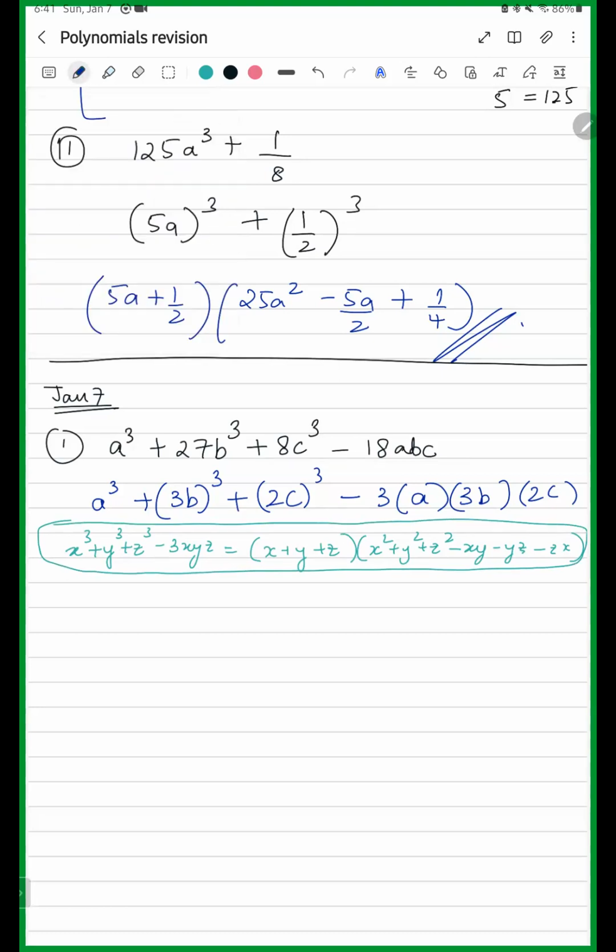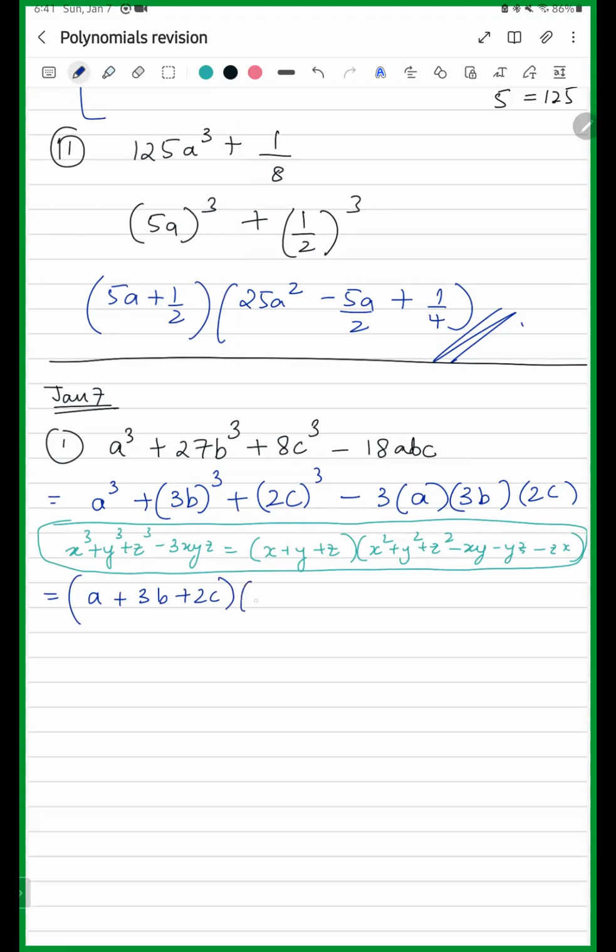So here we have x is a, y is 3b, and z is 2c. This is the LHS, what we have written above. So this is going to be equal to the RHS, which is x plus y plus z, which is a plus 3b plus 2c, into x square plus y square plus z square.